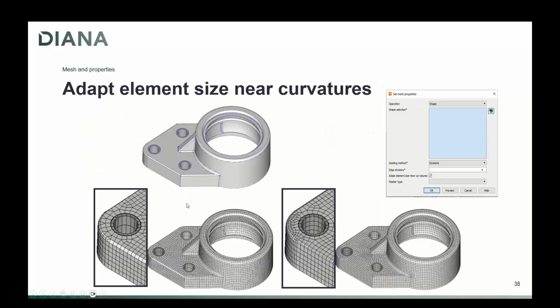We have adaptive element size that enables you to increase the density of nodes and elements at certain corners and edges in order to have a smooth transition mesh. Here, for instance, you can see an example on this geometry. Without and with these options activated, you can see that the density of elements is much higher without changing the mesh seeding of your model.